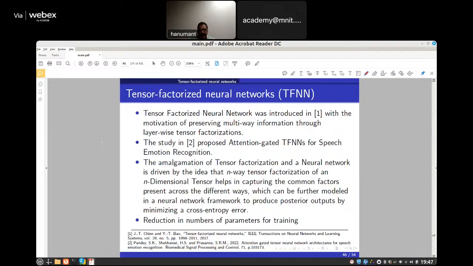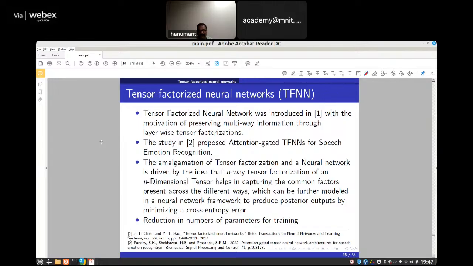Why we want to do it is very clear: if some of the data format is in 3 dimensions or 4 dimensions or more than that, we want to represent it in terms of tensors or multilinear algebra or whatever way we have seen. Now I have done that, but the problem is how to use a neural network here.